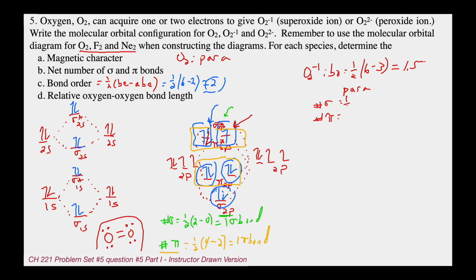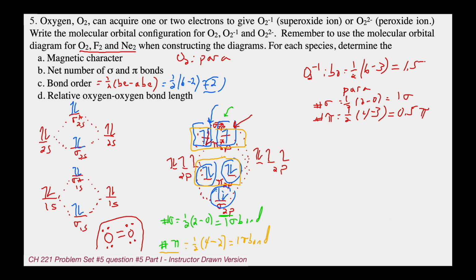We still have 1/2 of 2 minus 0, so we still have one sigma bond. But for pi's, we still have 4 bonding pi's in that lower square, but we now have 3 anti-bonding pi's, giving 0.5 pi bonds. So you can have fractional bonds pretty easily in molecular orbital theory. This is 1/2 of a pi bond in the superoxide ion. So very quickly, we found all the information for O2 -1.